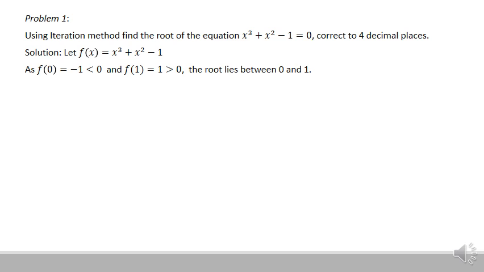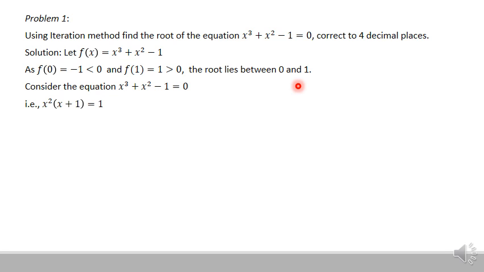In order to find out the interval into which the root lies, we randomly put values for x. At x is equal to 0, the function value is negative, and at x is equal to 1, the function value is positive.